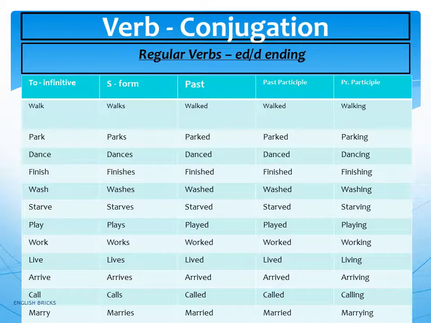Now here in front of you is a verb conjugation of the regular verbs, and the clue is given there: they either end in ed or d. Some verbs also end in t. But look at this here.